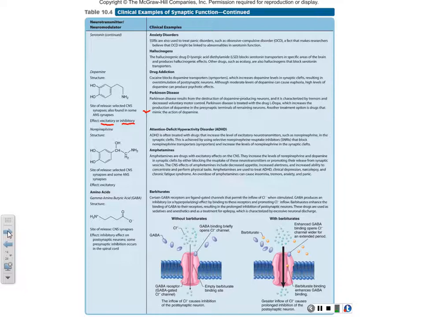Some of the other ones like norepinephrine, this is the fight-or-flight one that will cause overexcitation. Like in ADHD, you've got overexcitation so that you can't focus. You're just too busy up in there. You have amphetamines and so forth that will try to increase the norepinephrine to knock off that activity.